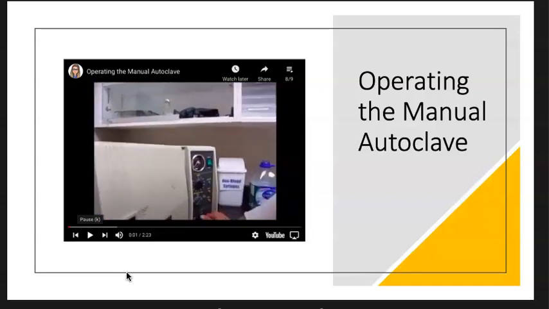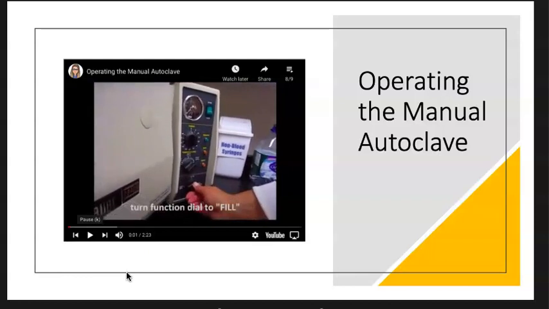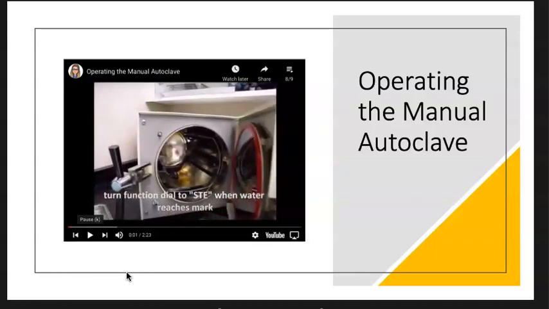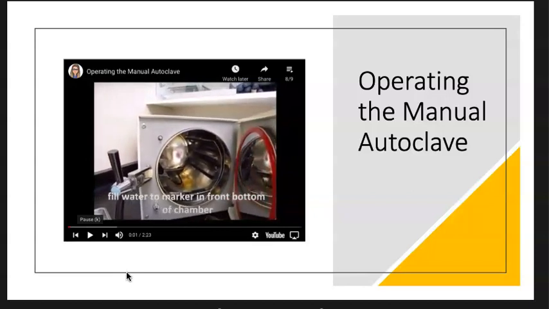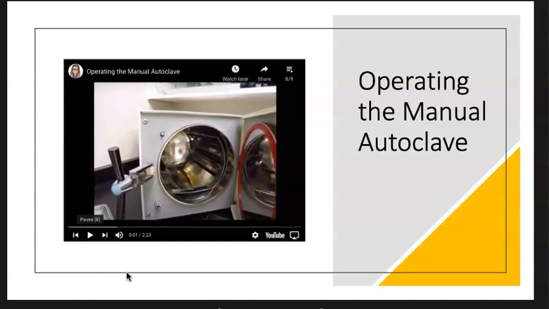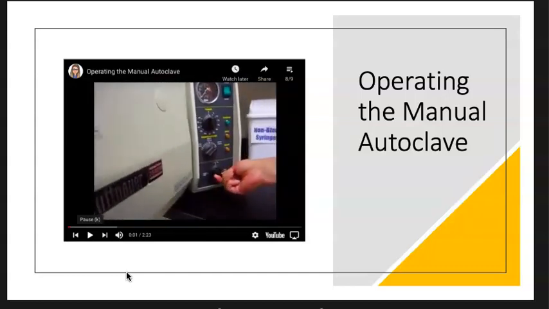We will turn the function dial at the bottom to fill. You can watch the water at the bottom of the basin fill to the fill line. Once the water reaches the fill line, you turn that function knob to sterilize, or STE.